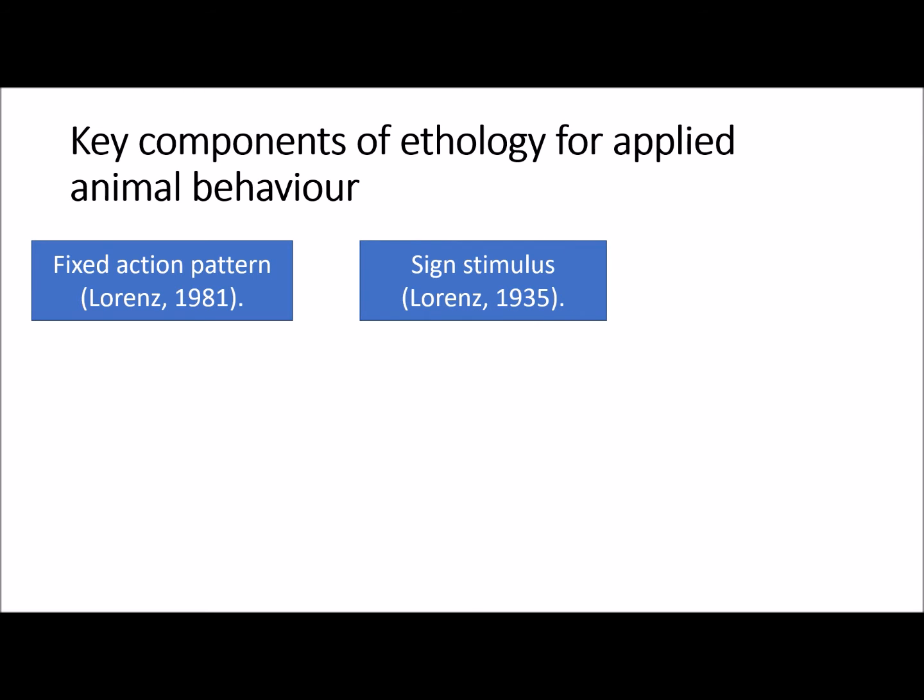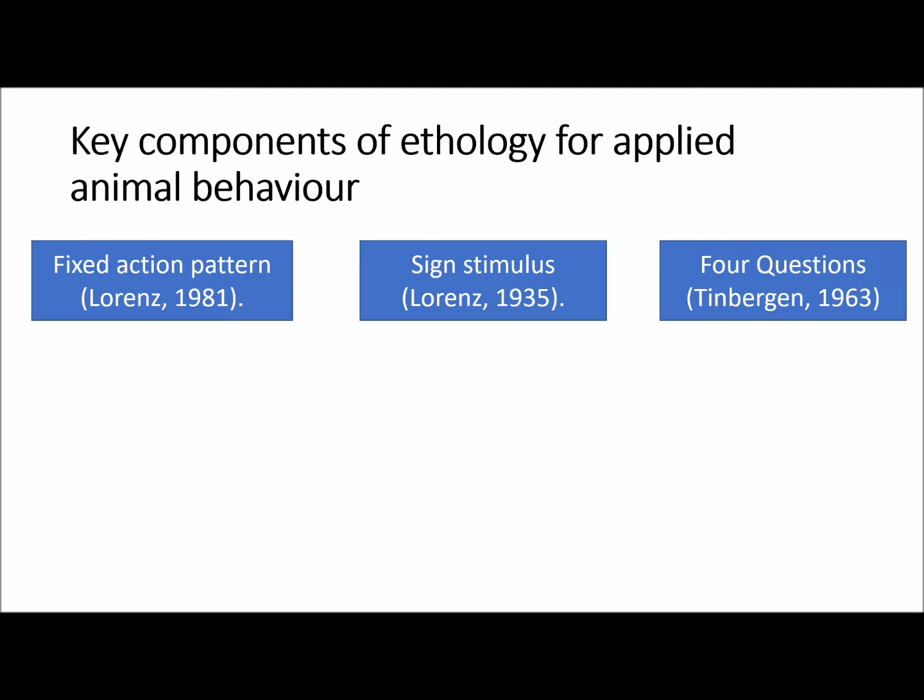We know that there are some behaviours whereby the stimulus for that behaviour is really, really strong, and the animal will always give a response if it sees that particular stimulus. And we know there are ways of doing standardized measurement of behaviour using particular criteria of what that behaviour might mean or stand for. These are Tinbergen's 4 questions.